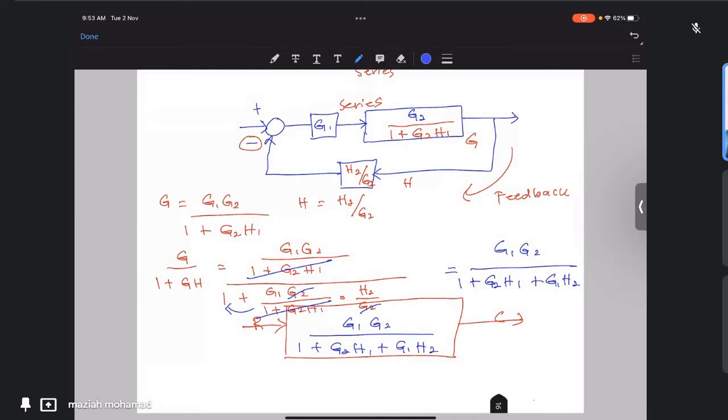If there is, move it first. Then you can combine or simplify the part that you want to simplify. Then check again, and repeat that process until you get only one block that relates the input to the output.